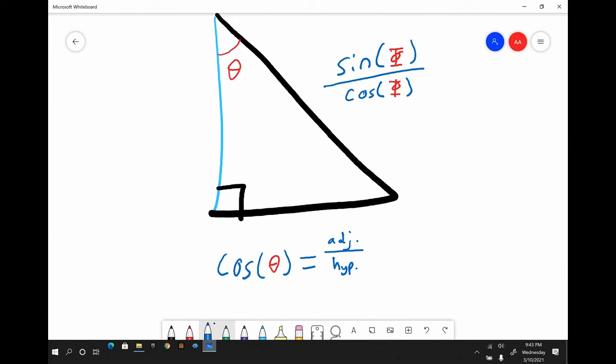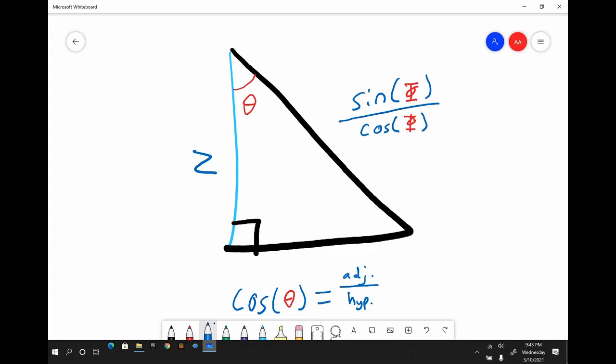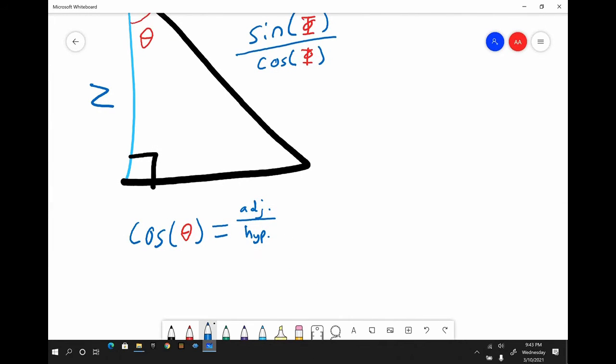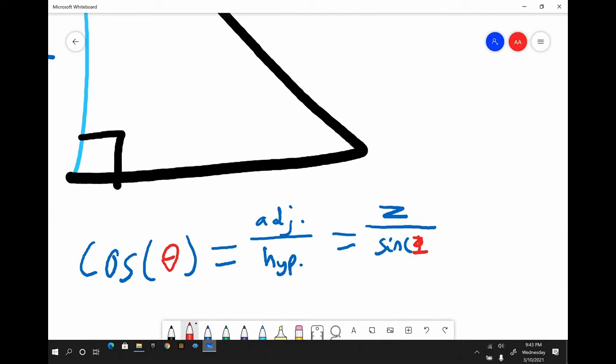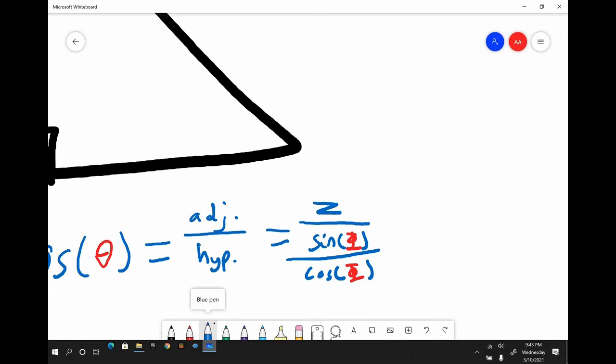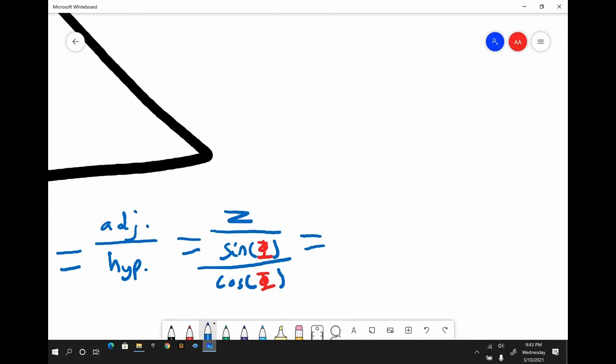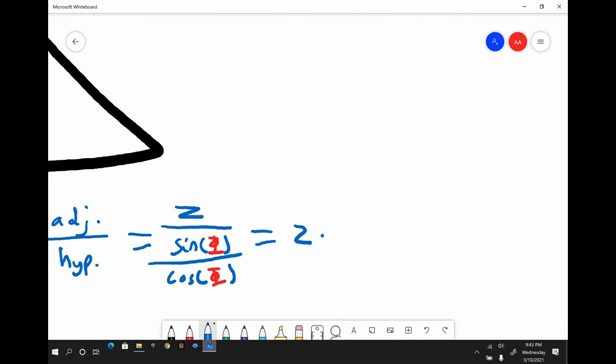If I label this side as length z, then we get that the cosine of theta is equal to z over the sine of phi over the cosine of phi. To rearrange that real quickly, this is equal to z times the cosine of phi over the sine of phi.